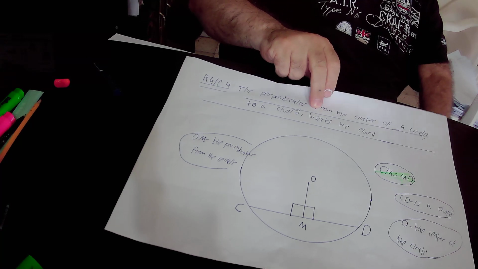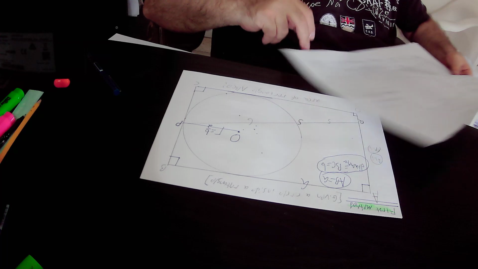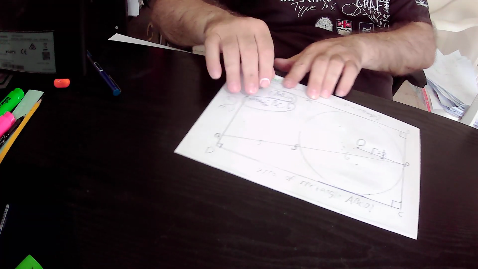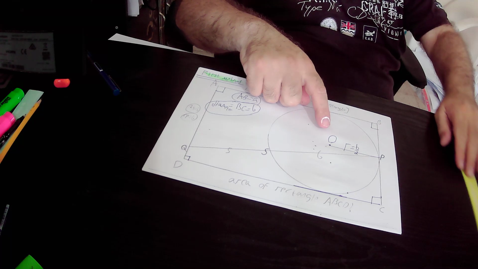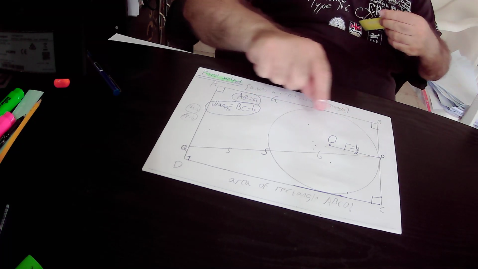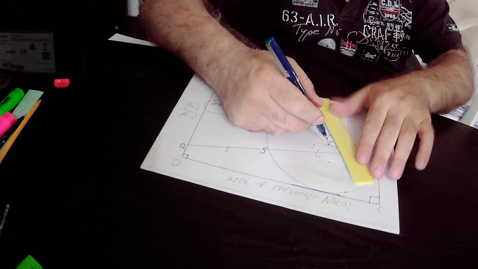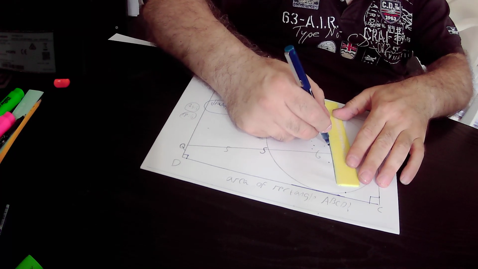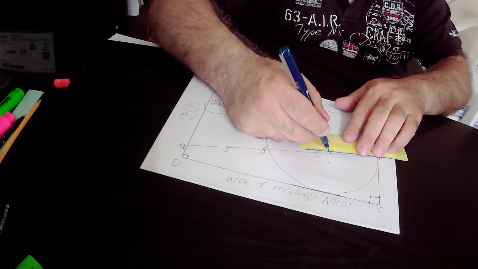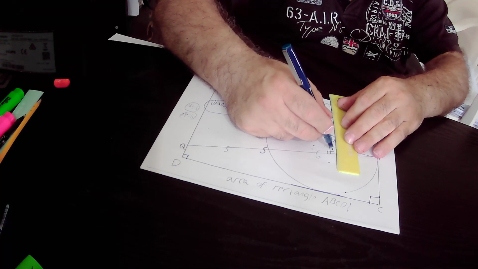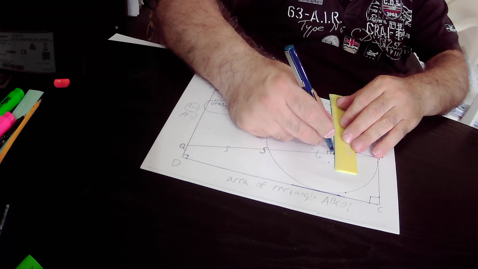So we can implement rule number 4 in our drawing, because in our drawing we will draw from the center of the circle, that is point O, a perpendicular on chord SP. So this angle equals 90 degrees, and this angle also equals 90 degrees according to our construction.